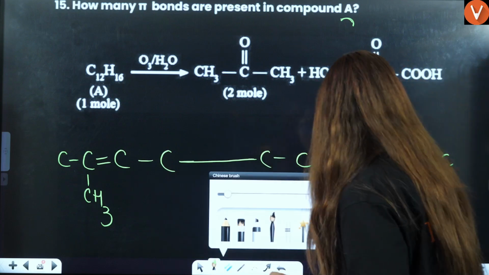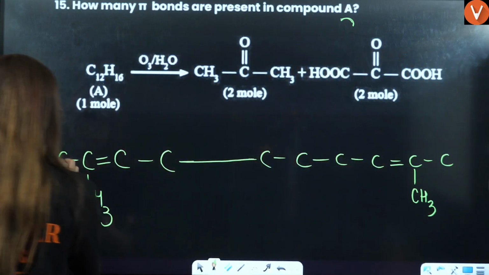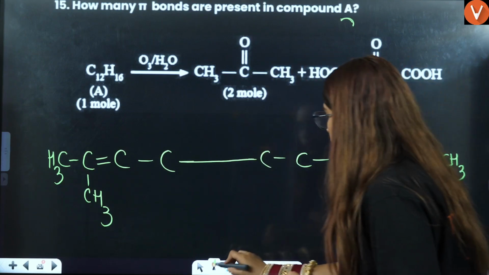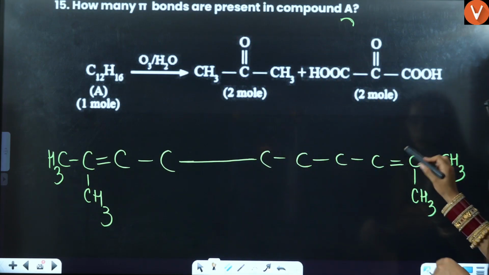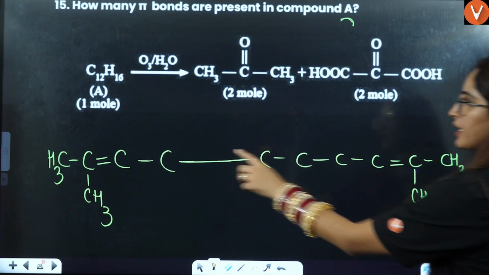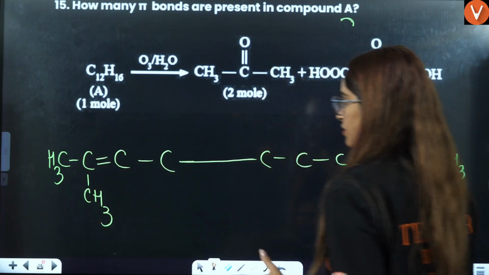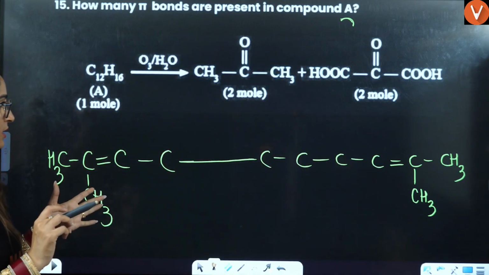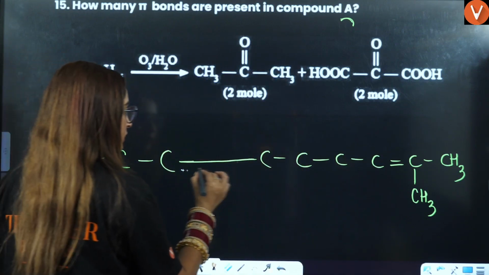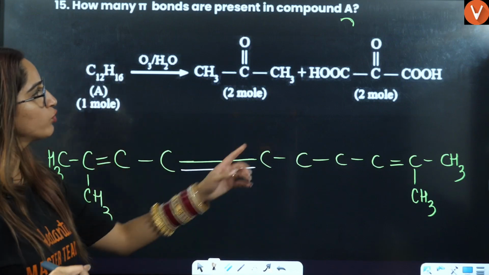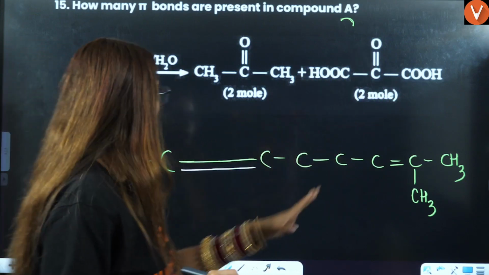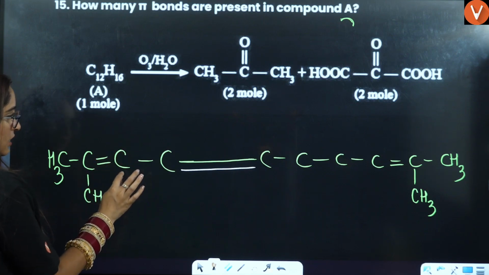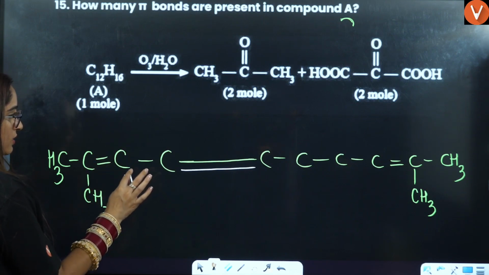So if you break this bond, this is a very, very interesting question. CH3, this is also CH3. When you break this bond, you will have CH3COCH3. Here also you will have CH3COCH3. Okay. Now you have to see what you will get from here. If you have a double bond here, now you need to have 2 moles of COH, C double bond O, COH. For that, this will be COH, C, this will be double bond O, right?